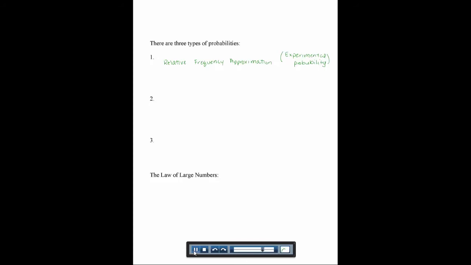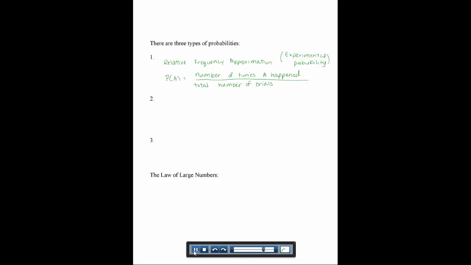And to figure out the probability of event A occurring, you would take the number of times A happened in your experiment, divided by the total number of trials in your experiment. And that's how you get the relative frequency approximation.